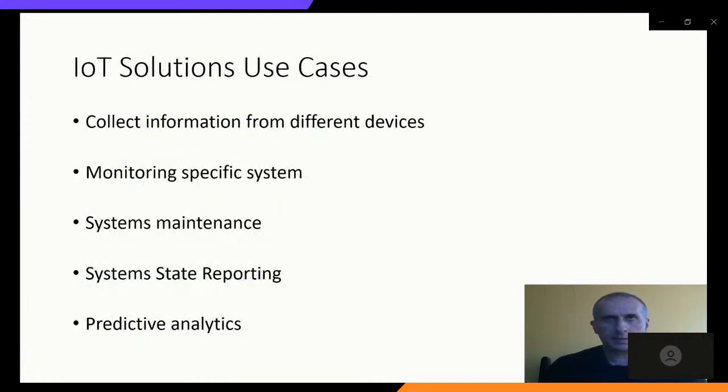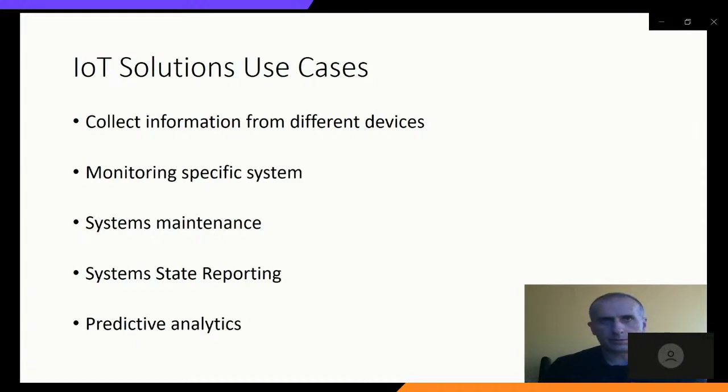There are different cases when we can use Power BI and Cosmos DB in IoT solutions, but let's first talk about common IoT solutions use cases. We can have different situations where IoT is something which is very useful and necessary. It is when we collect information from different devices.